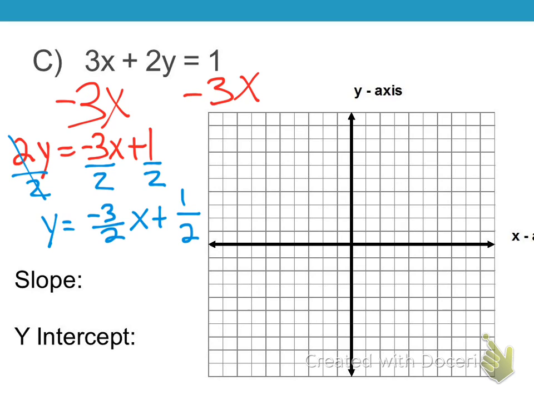All right, what is my slope? Negative 3 over 2. What's my y-intercept? 1/2, right?